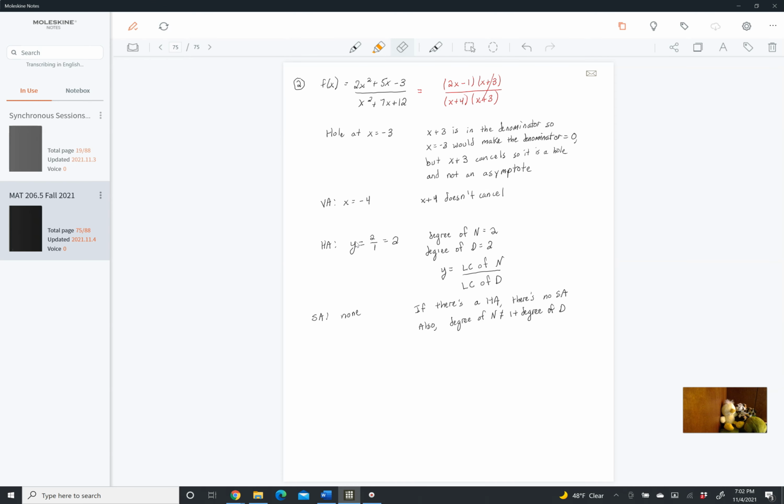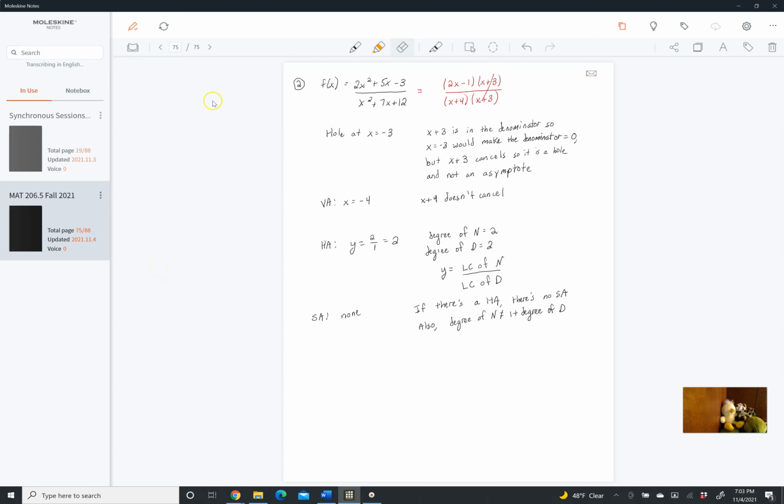So we have 2 reasons here, which clearly, you would never have one where there's a horizontal asymptote and then have this be the case where the degree of the numerator is 1 plus the degree of the denominator. Okay, so there is no slant asymptote here. And that's it. So you should be able to find poles, vertical asymptotes.